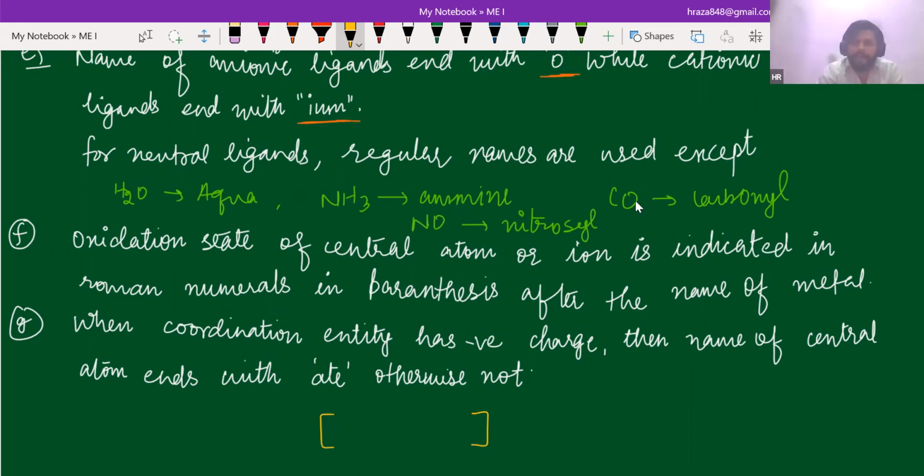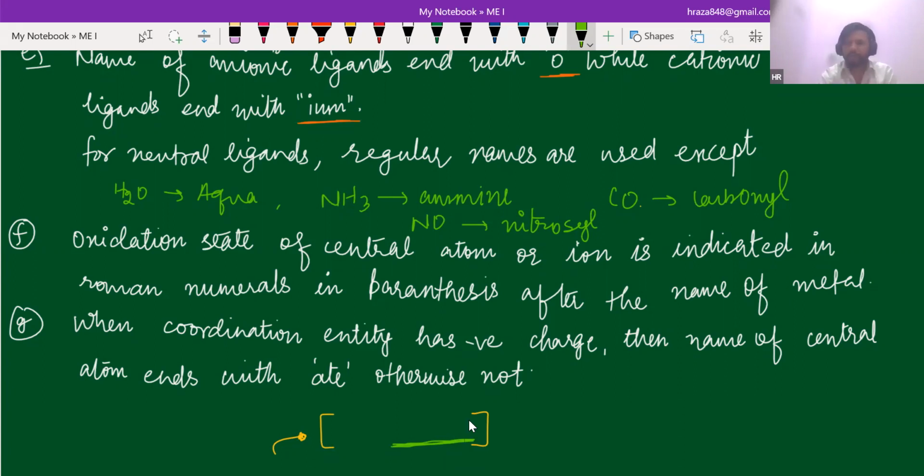If it has a positive counter ion, it will be written first, then there will be a space. If there is no positive counter ion, then we directly jump to the ligands, and we write the names in alphabetical order.